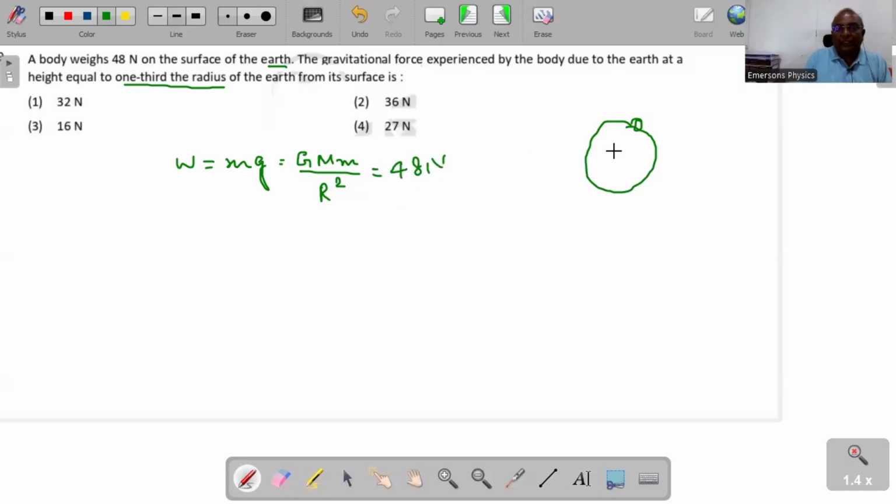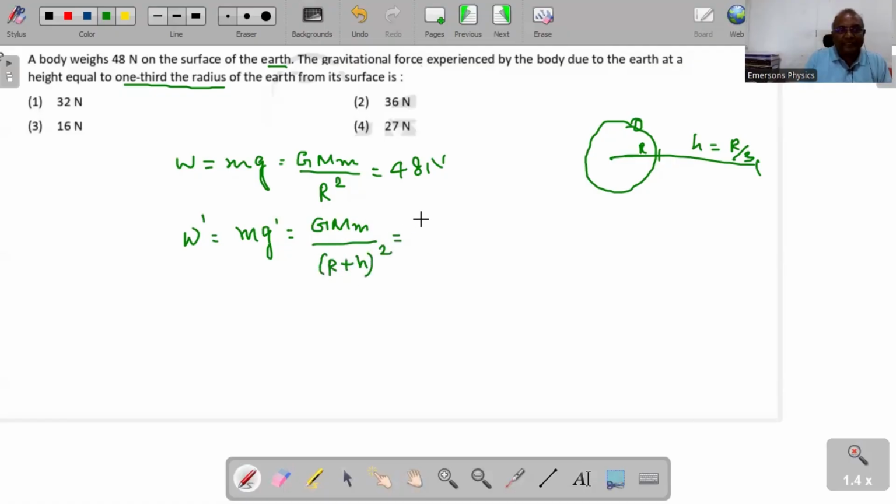Now, we are kept at a height above the surface of the earth equal to R by 3, radius by 3. So from here this is R, this is R by 3. The mass remains the same, only g changes. The formula will become G M m by R plus h, the whole square.